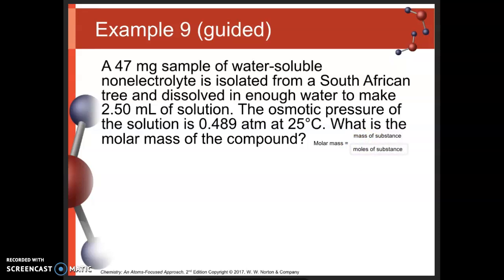And that ratio of one substance measurement to another can give us the molar mass for the material. Now we're told we've got a 47 milligram sample. That's our mass of substance. We just need to convert that to grams. What we also need to do is convert into moles of substance. And so that's where our osmotic pressure is going to come in.